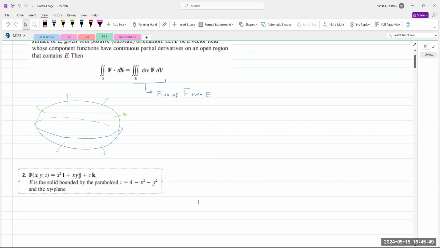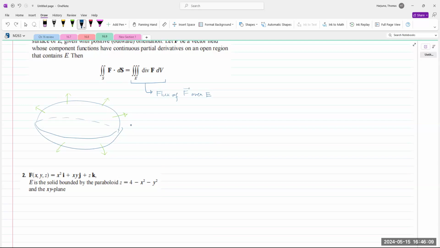So what we will do is use the double integral on the left-hand side and the triple integral on the right-hand side, and show that if we compute them in these two different ways, we get the same result.